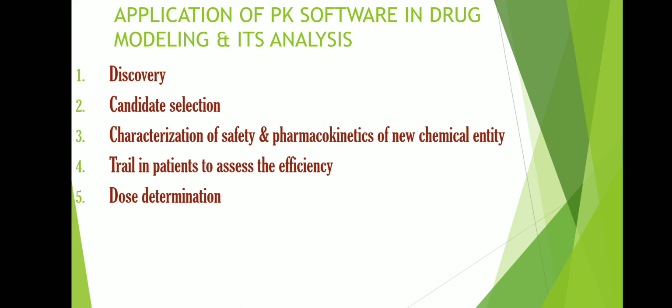For that we can connect the particular physiological system of the patient's body with this pharmacokinetic software, so that we can better understand how the drug is behaving inside our body, and then determine the dose, that is, how much dose we should give so that it can generate the required therapeutic level in our body.